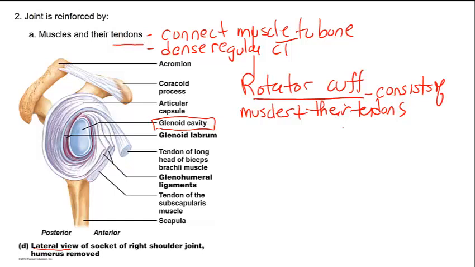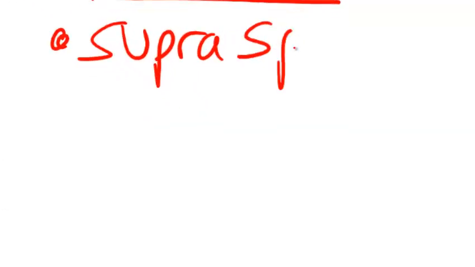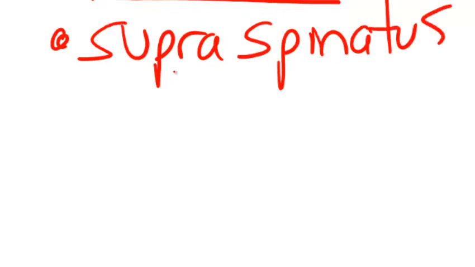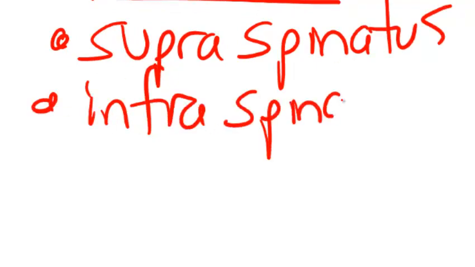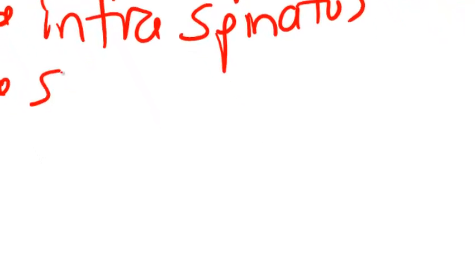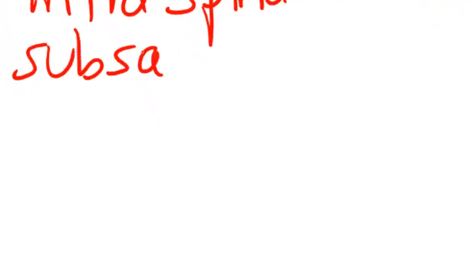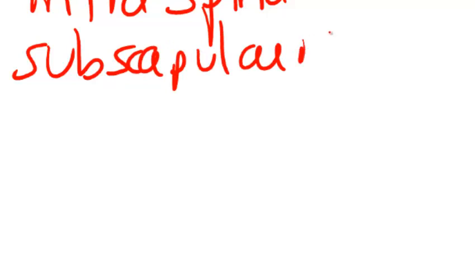And the rotator cuff is really what stabilizes the glenohumeral joint. Now, the four muscles that make up the rotator cuff are the supraspinatus, the infraspinatus, the subscapularis, and the teres minor.